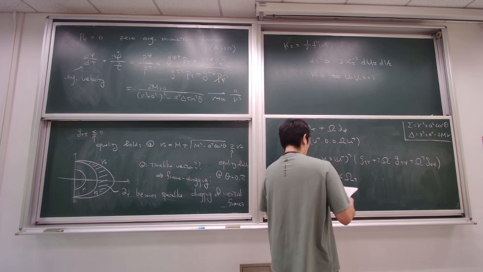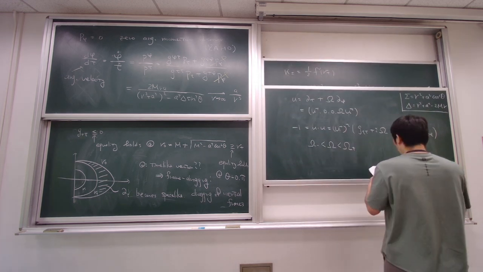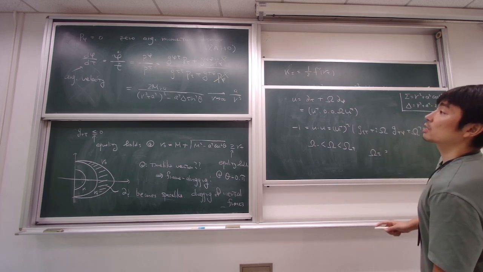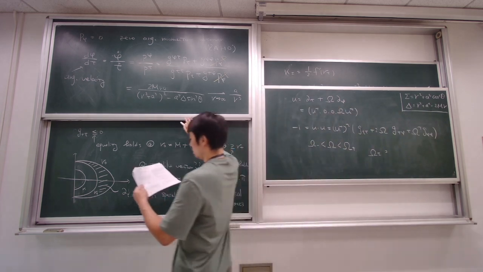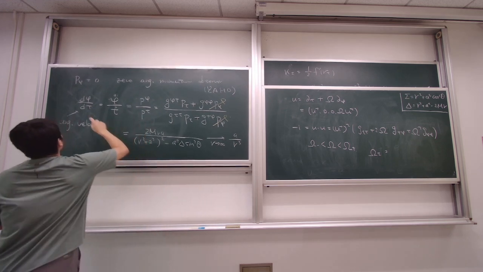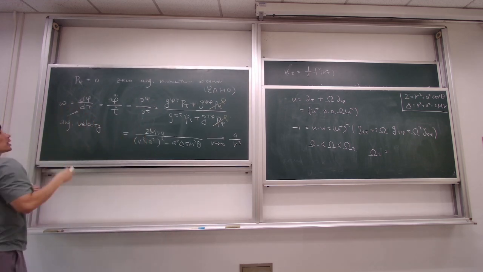Okay. And the omega plus minus is equal to, did I write that? I call this one small omega, this angular velocity is small omega.